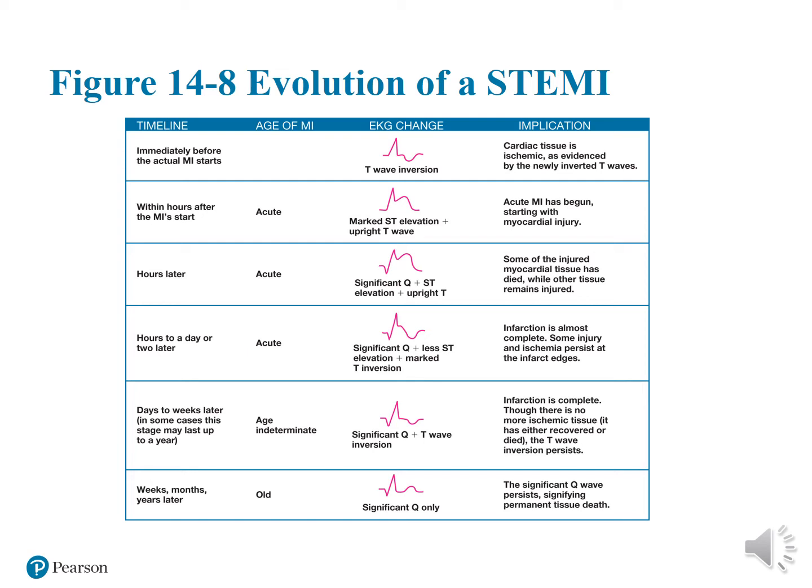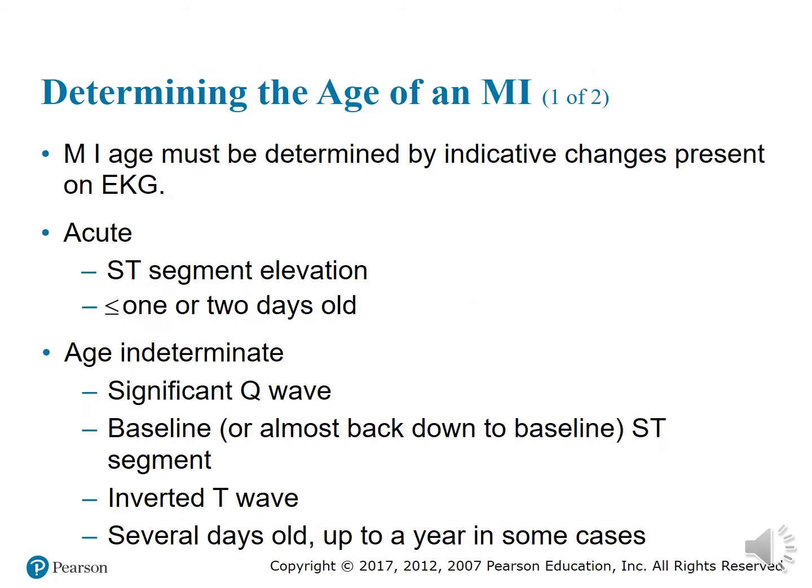The T wave inversion persists, and the significant Q wave only presents, signifying permanent tissue damage. Okay, determining the age of an MI. An MI's age must be determined by indicative changes present on the EKG. Acute ST elevation is less than 1 or 2 days old.